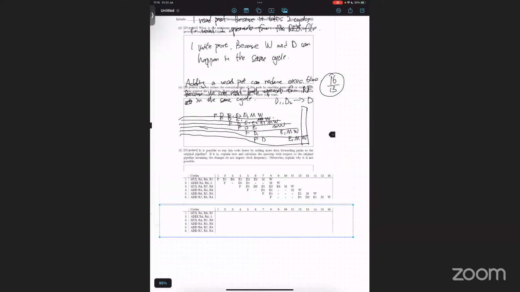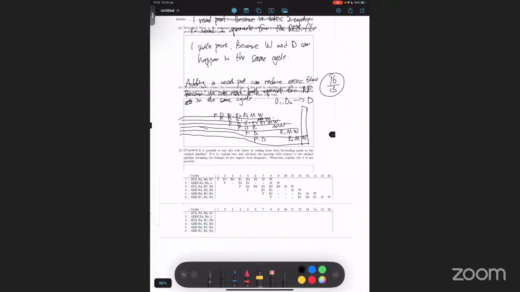So we observe that the original forwarding happens at the write back stage. So it forwards the results from the write back stage to the execution stage.